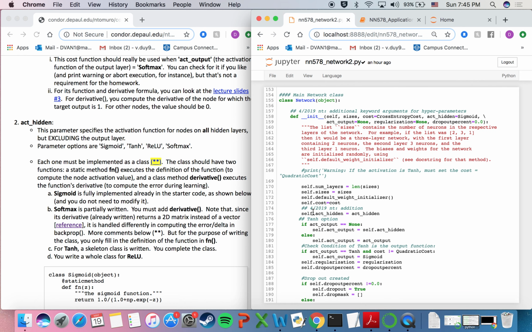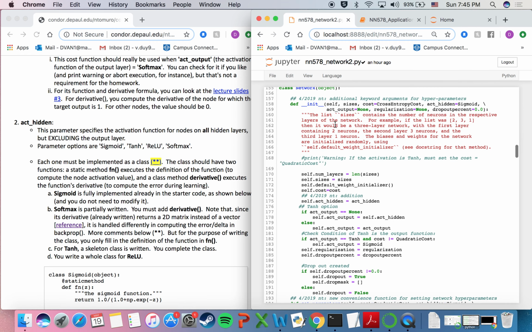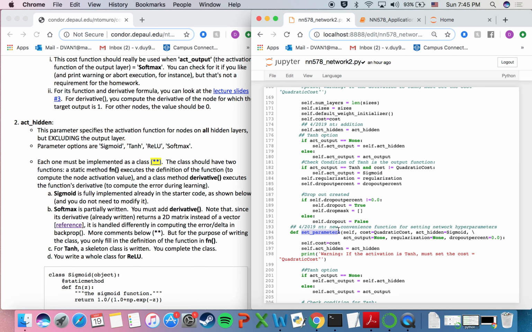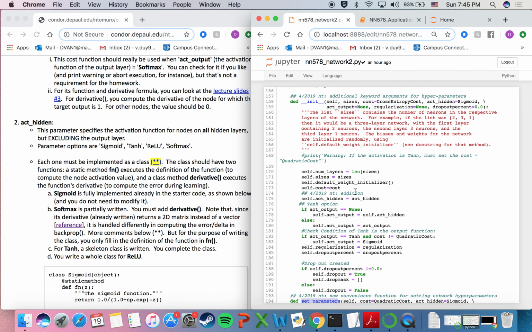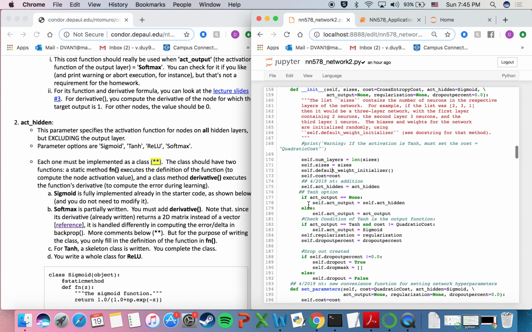Now I'm talking about inside the network. First of all is the init function. The init function and the set parameters function are very similar, so I do the modification very similar for both. One thing I point out right here is tanh.